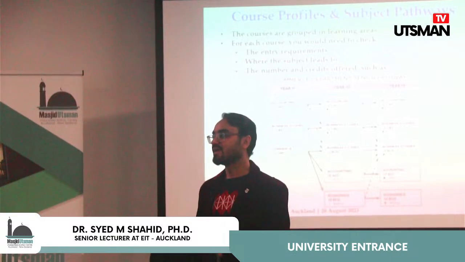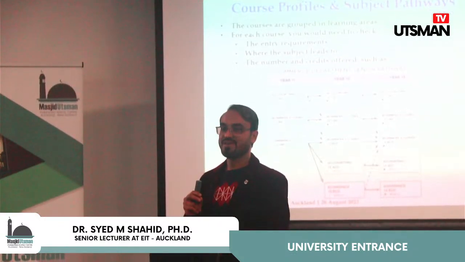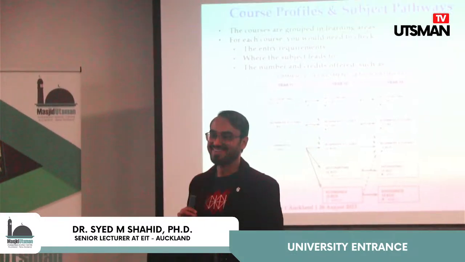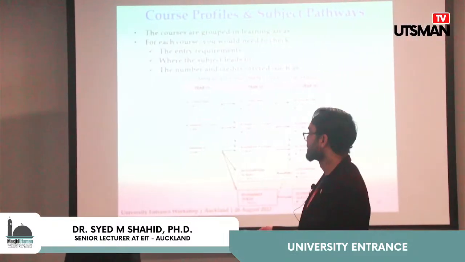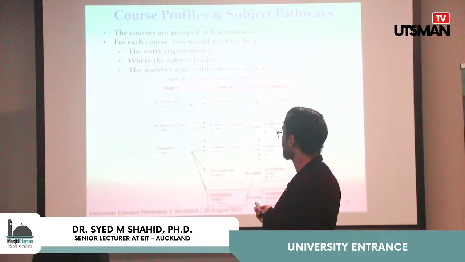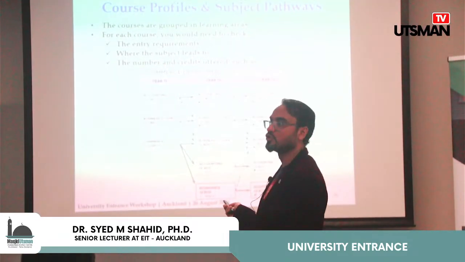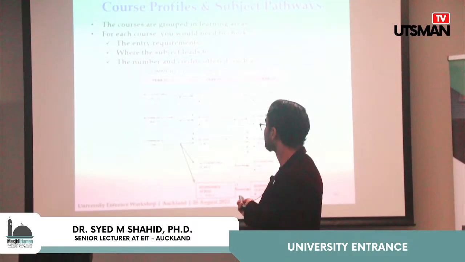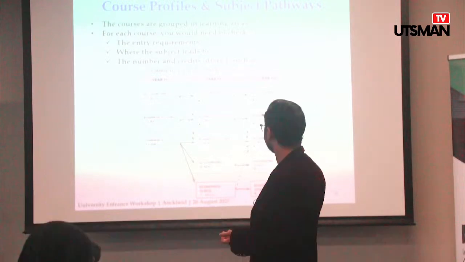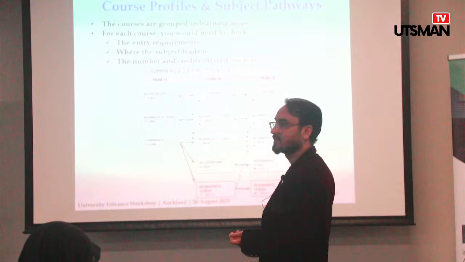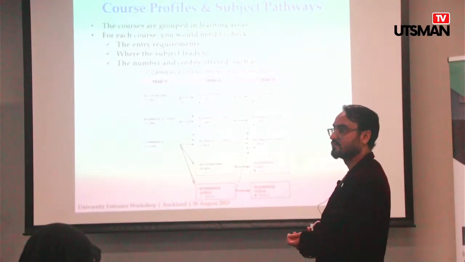So it's not that easy. That is the reason why you need to be in touch with your subject teacher. For example, if your son or daughter is interested in commerce, you need to be in touch with the commerce department. And they will tell you, what do you want to do here? What do you want to do here? You need to start here.